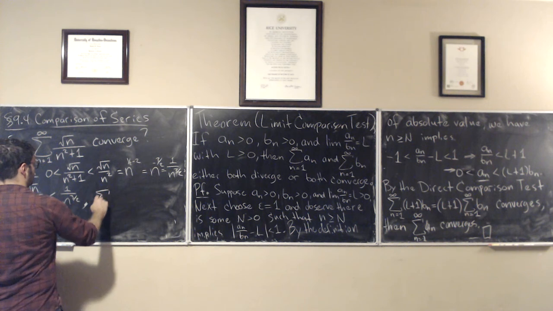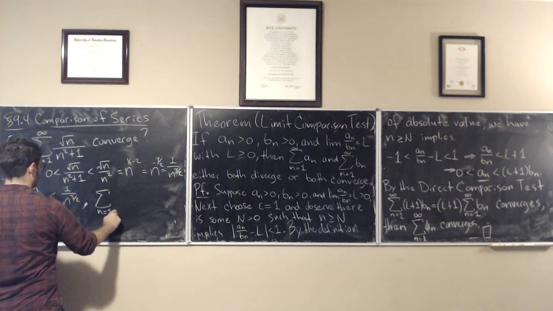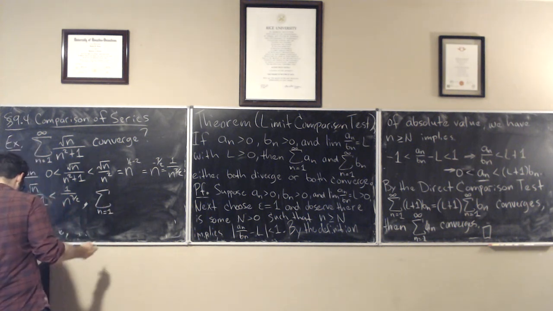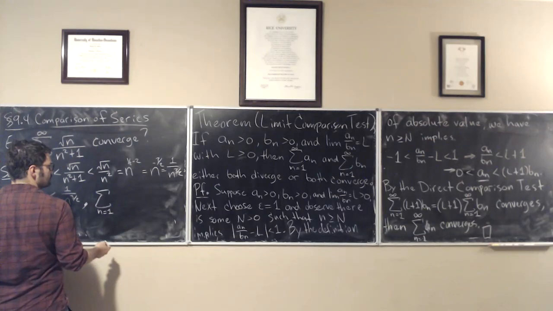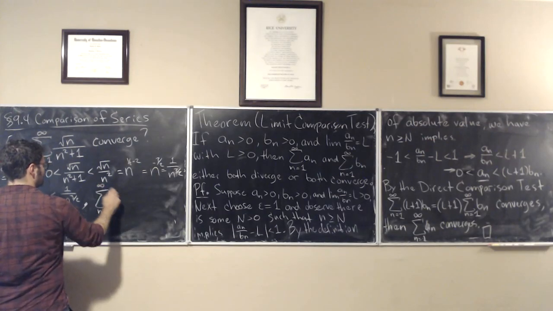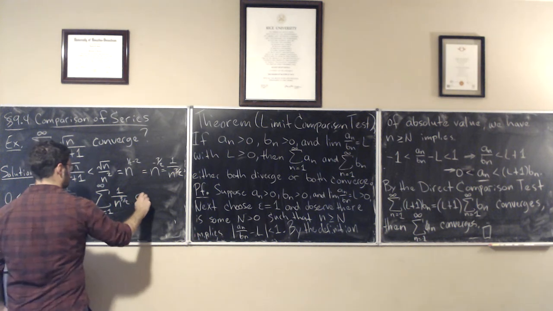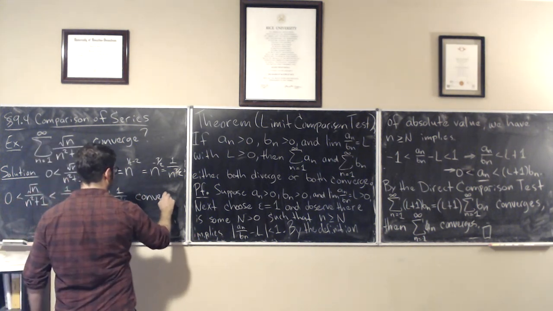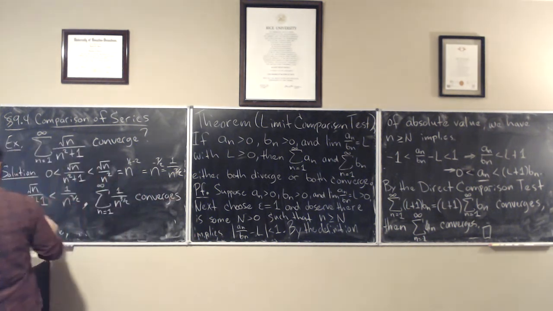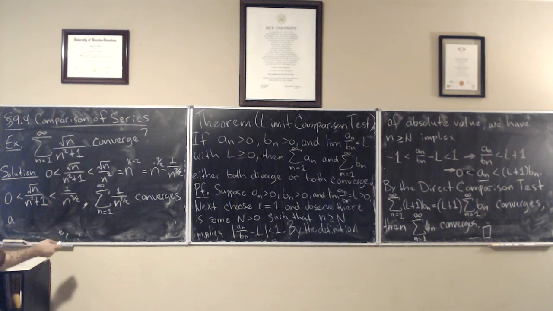And I know that the sum from n equals 1 to infinity of 1 over n to the 3/2 converges as a p series with p equal to 3/2, which is greater than 1.